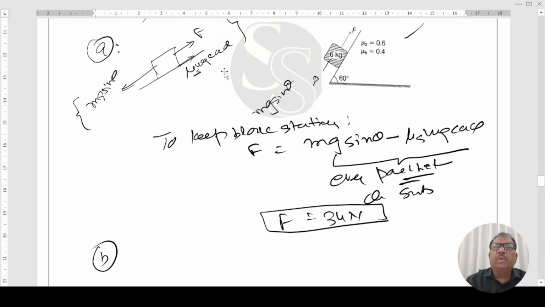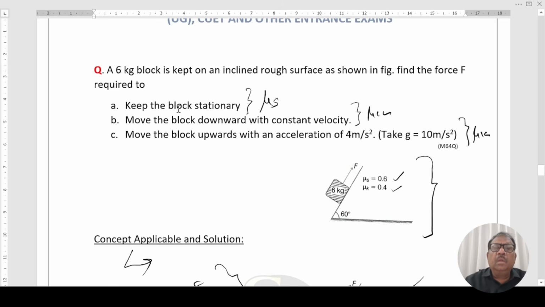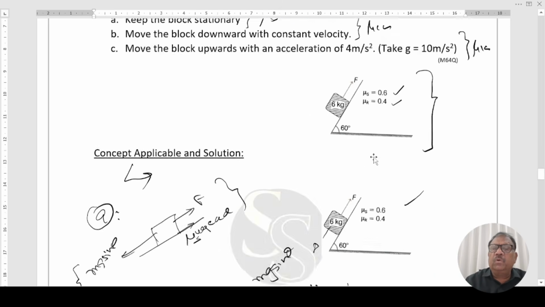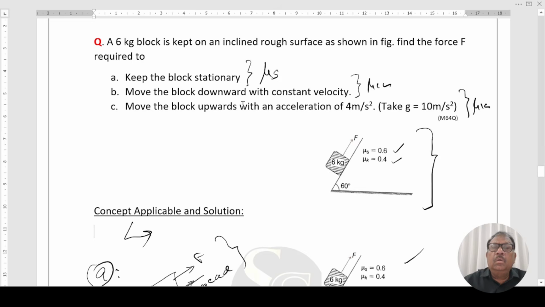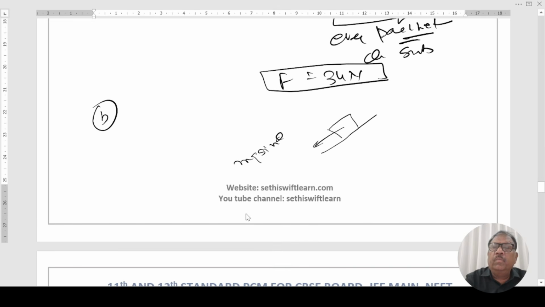Part B says move the block downward with constant velocity. The mg sin theta component is always downward, and the motion is downward. With relative motion downward, mu mg cos theta will act in the opposite direction, and as the motion is there, it will be mu k mg cos theta.